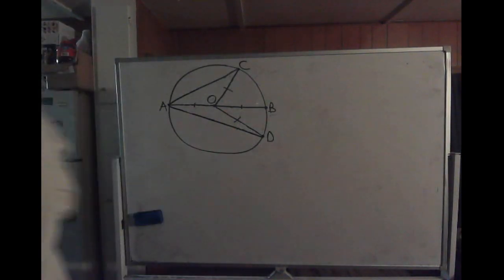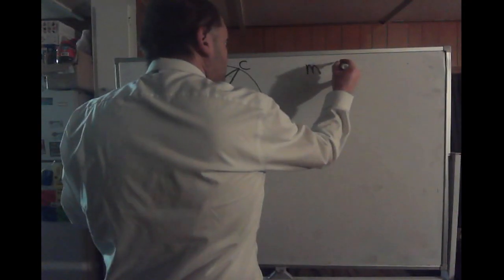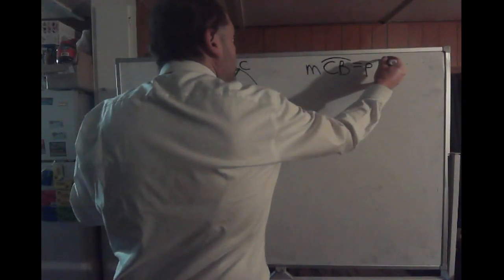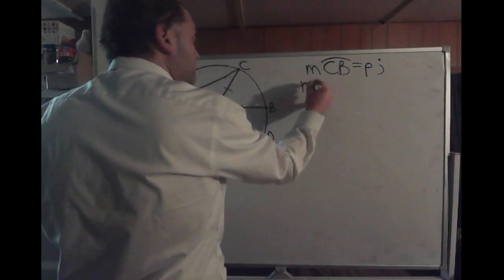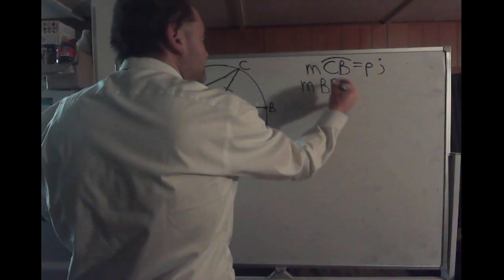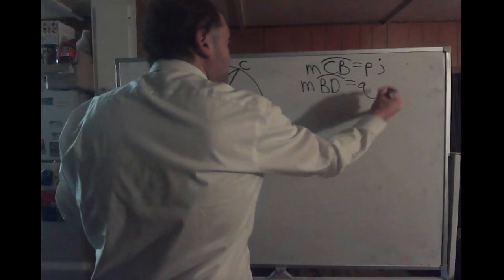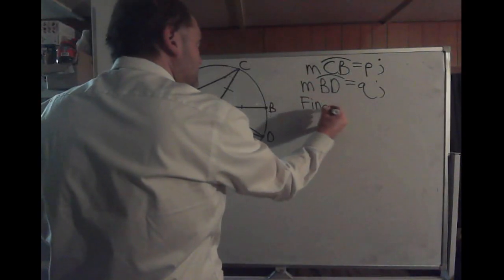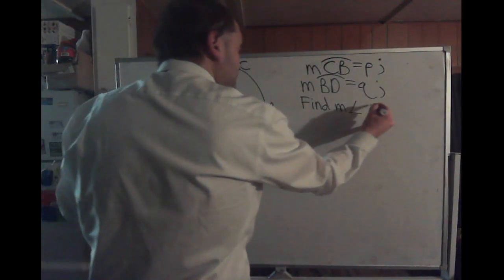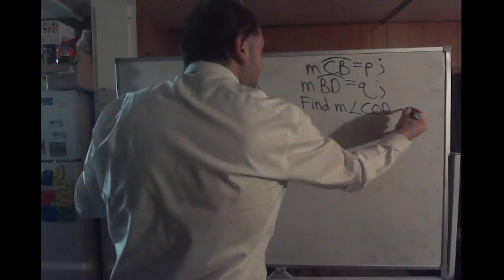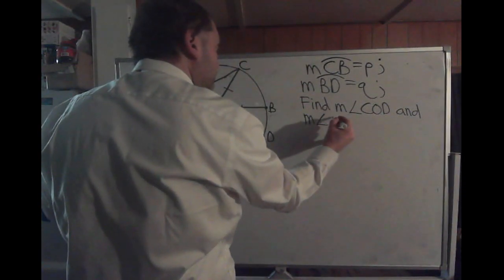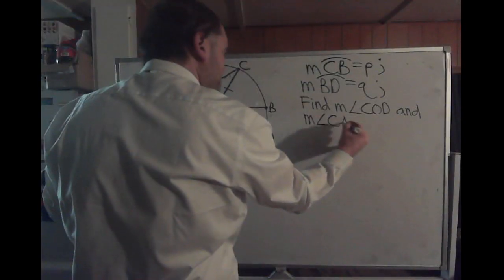Because what do they give us? They give us the measure of arc CB is equal to P. They give us that the measure of arc BD is equal to Q. So then we got to find the measure of angle COD and the measure of angle CAD.